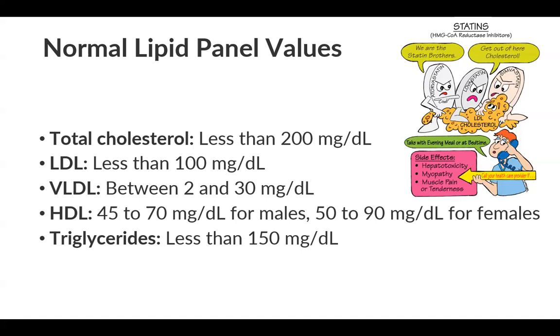But let's talk about what each of these values may indicate in our patient. If we're looking at high density lipoproteins, those are your HDLs. Increased HDL levels may indicate extensive exercise or a familial HDL lipoproteinemia.